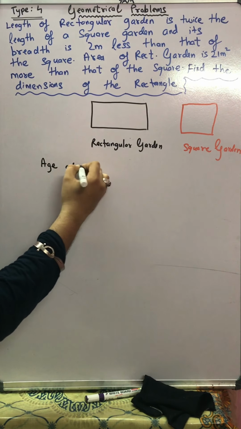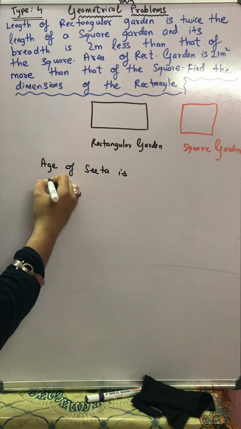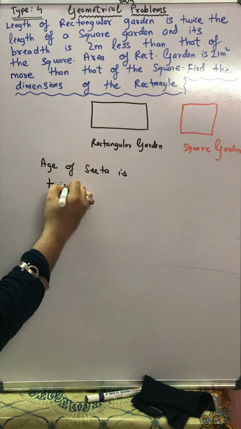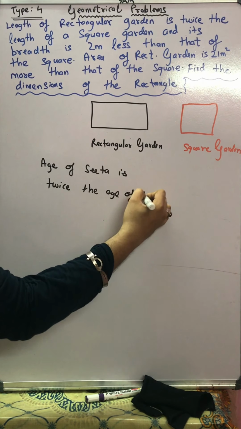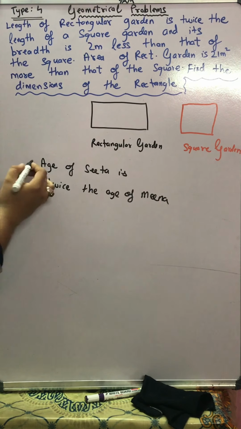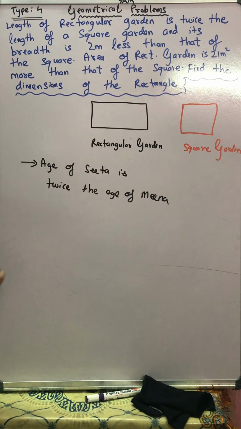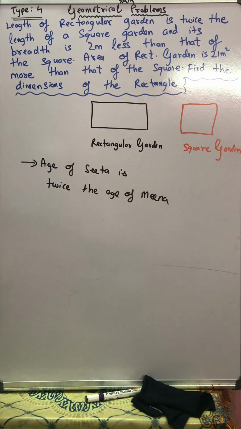Age of Sita is twice the age of Meena. Let's leave the garden. Let's talk about Sita and Meena. Age of Sita is twice the age of Meena.